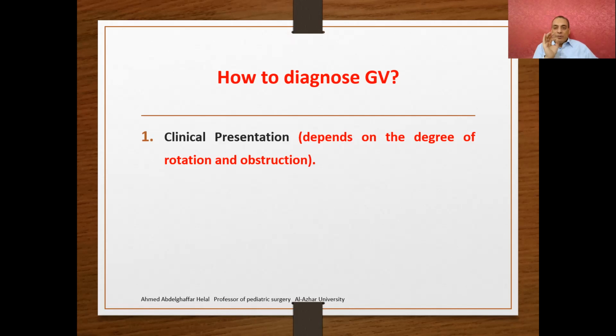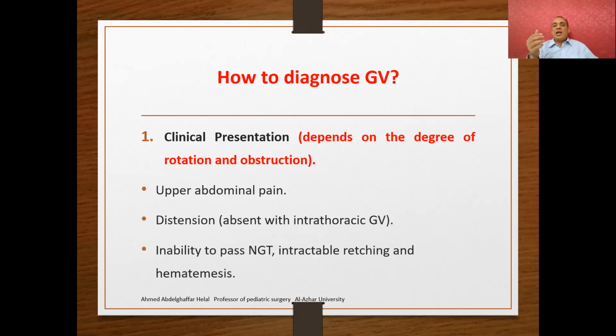However, if volvulus occurred, we mean that rotation is from 180 to 360 degrees. The clinical presentation here will depend on the degree of this rotation and obstruction. The main presentation will be upper abdominal pain and upper abdominal distension.